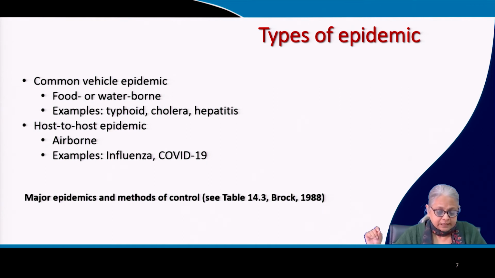So early and extensive treatment of all cases is necessary, and pasteurization of the milk is also necessary. Influenza comes from the flu virus, infected human beings are the sources of infection, and the only thing that can be done to control the spread of influenza is vaccination. So these are some of the examples of major epidemics and methods of control.